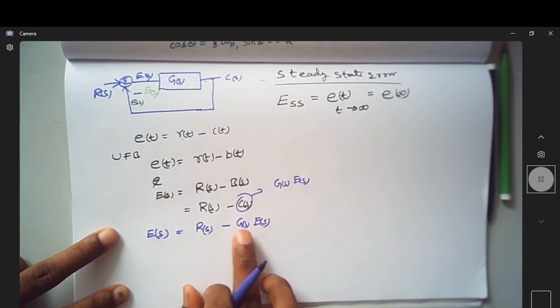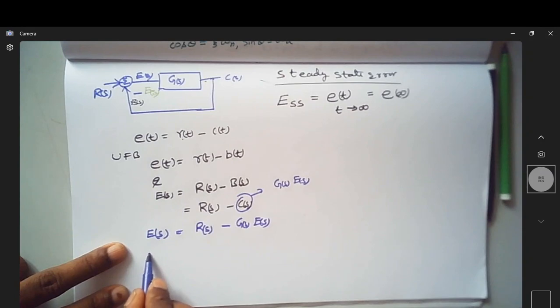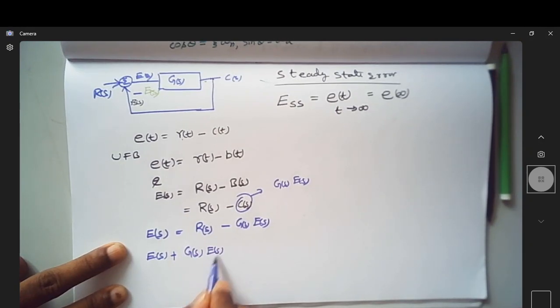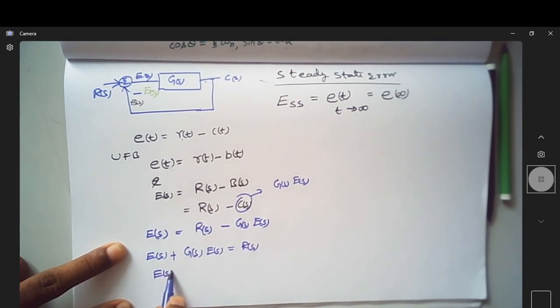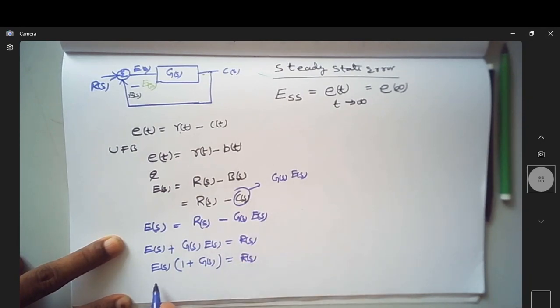Upon rearranging, let me take this G(s) into E(s) onto the left hand side. It becomes plus, so E(s) plus G(s) into E(s) is equal to R(s). If I take E(s) outside, it becomes E(s) into 1 plus G(s) equal to R(s). So from this I can write the error signal E(s) as R(s) by 1 plus G(s).